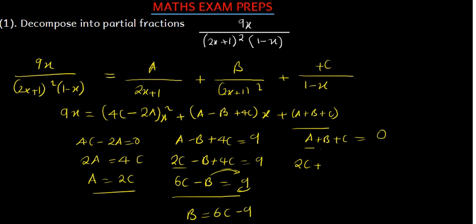So where there is B, I'm going to put 6C minus 9, and then plus that C, that should be equal to 0. So here we've got 2C plus 6C plus C. So 2C plus 6C, that is 8C plus C, that is 9C. So we've got 9C minus 9 is equal to 0. Taking 9 the other side, 9C is going to be equal to 9. So C is going to be equal to 1.